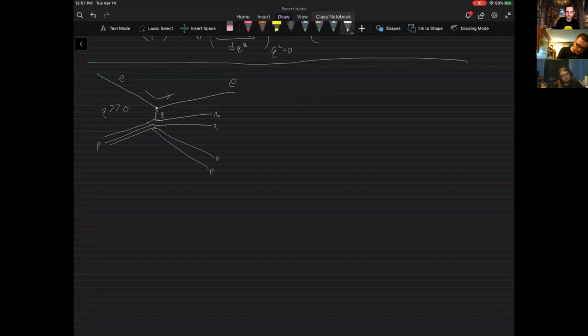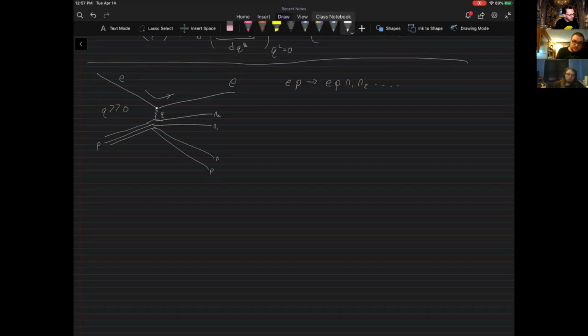I get a whole bunch of different particles escaping because I pull a quark out, and there's a bunch of energy in this gluon field that can turn itself into massive particles. Okay, so this thing that was a nice clean process that we saw before is suddenly this messy thing. I have something like an electron interacting with a proton, EP scattering, but then I end up on the other side with something like EP plus particle N1, particle N2, on and on and on. I can end up with some mess of particles on the final side.